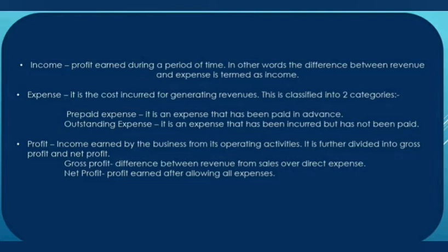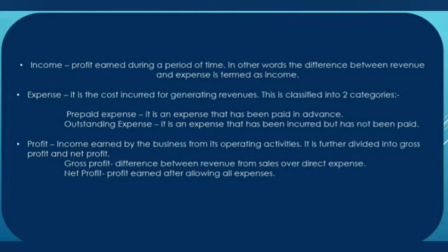Okay, so now what do you mean by outstanding expense? Outstanding expense is that expense that has been incurred but not been paid. That means you incur that expense, but the payment for which you'll be making in the next year or later.